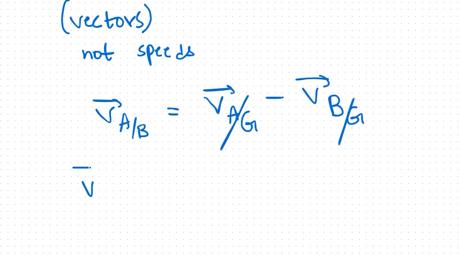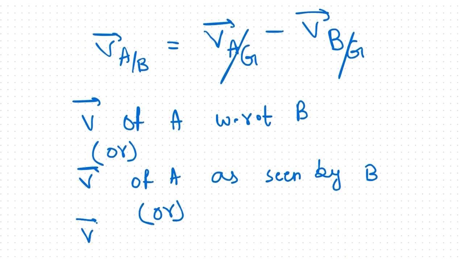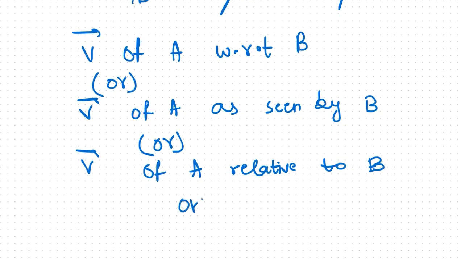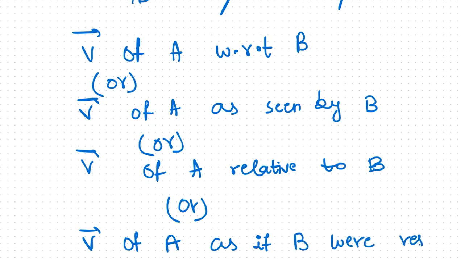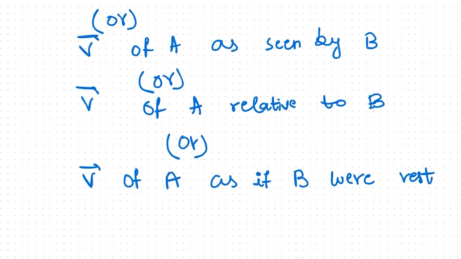So they say velocity of A with respect to B, or they can also say velocity of A as seen by B, or velocity of A relative to B. Then there can be one more thing: velocity of A as if B were at rest.